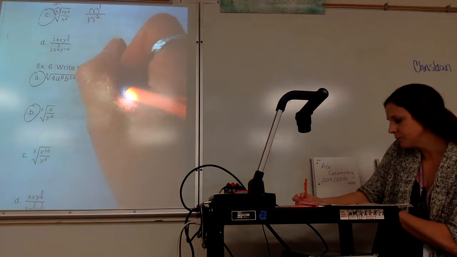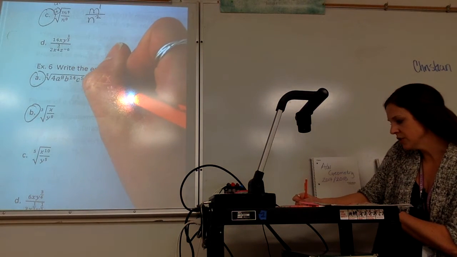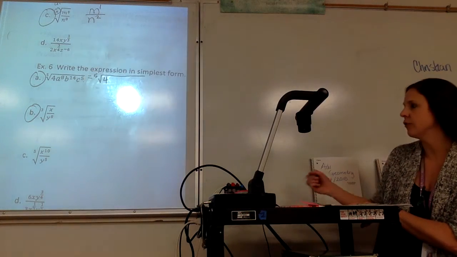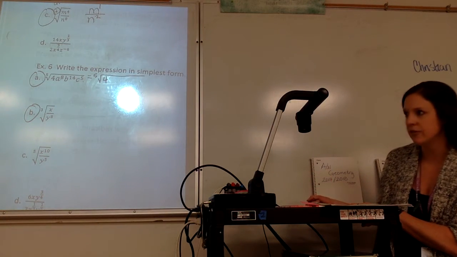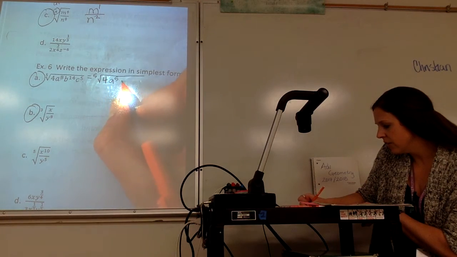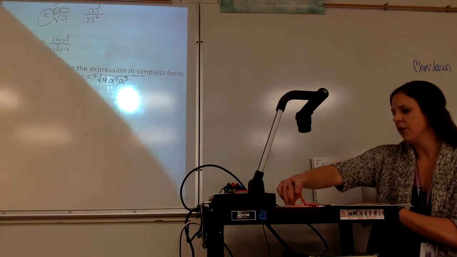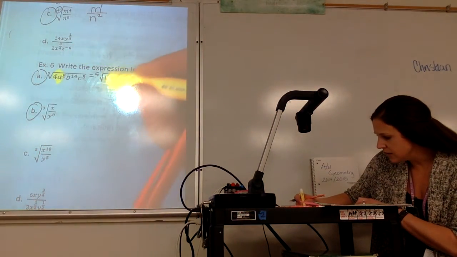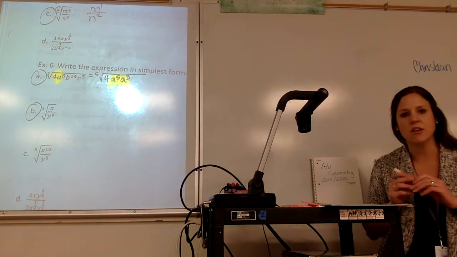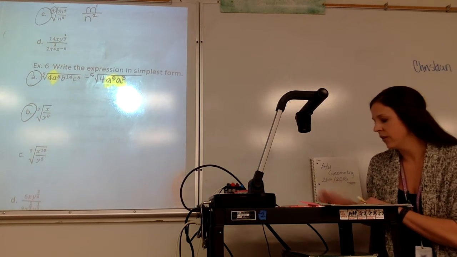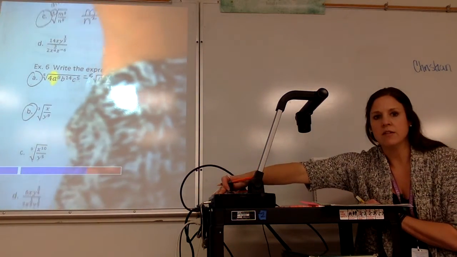For example, just leave the 4, because the 4 doesn't have any factors inside of it with a 5th root. We're going to go a to the 5th times a to the 3rd. So I'm taking this a to the 8th and breaking it into the 2 pieces, a to the 5th, a to the 3rd. And the point of that is so that I can take the 5th root of a to the 5th.